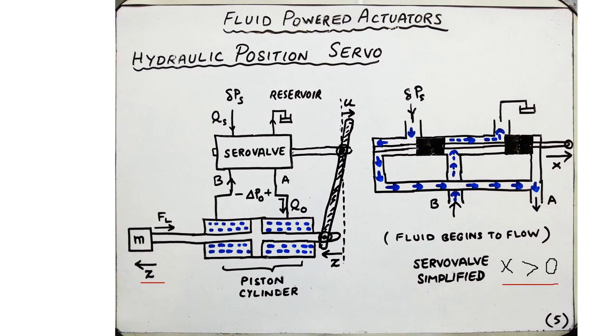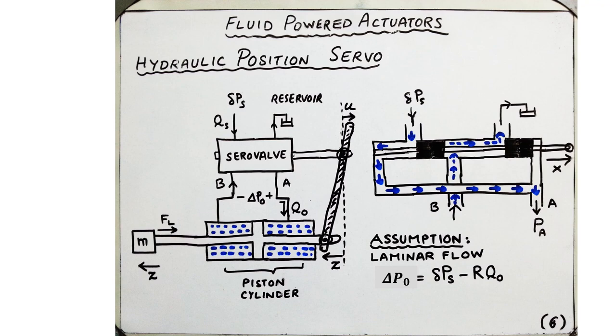X greater than 0 means that we are displacing this spool rightward as shown here with a displacement x, and that is going to unblock the ports, which enables the fluid to flow from this point, the input, where the pressure is delta PS, all the way to the output port A, and that's where it will enter the piston cylinder. And it also enables some fluid to leave from port B back to the reservoir.